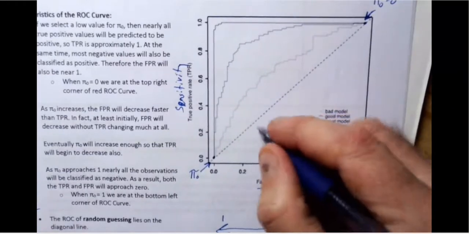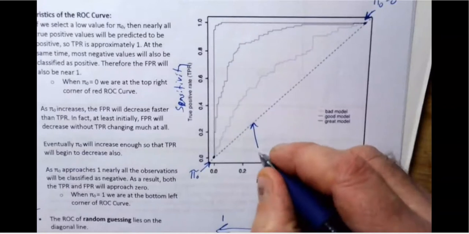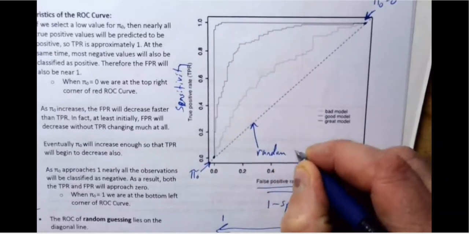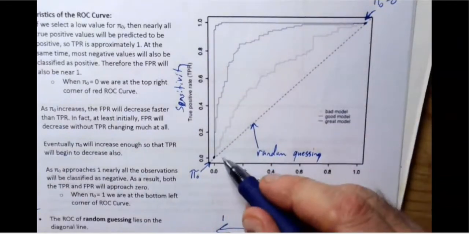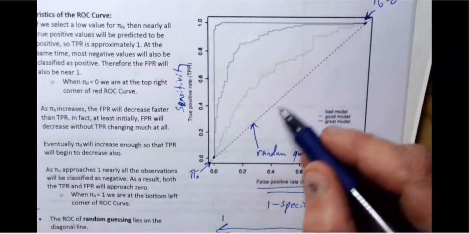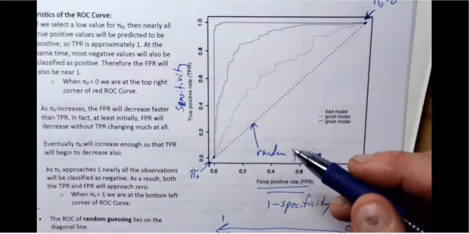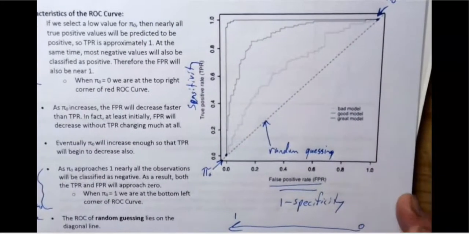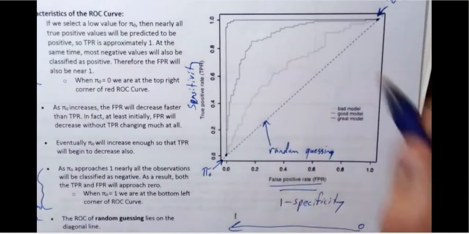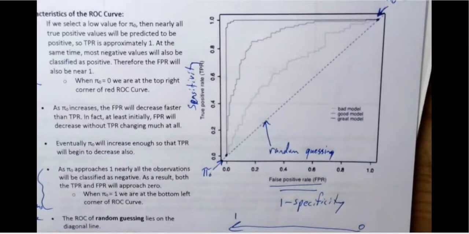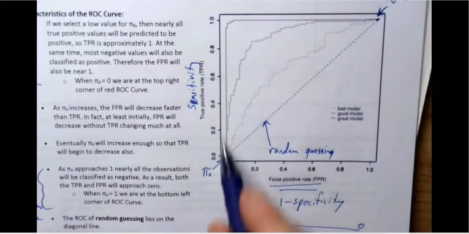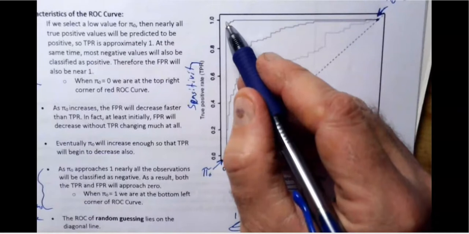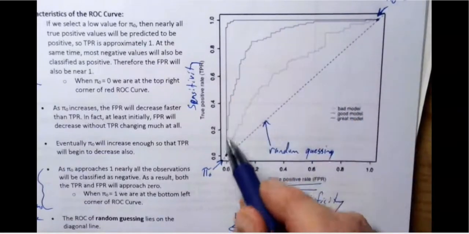A line of random guessing is this 45-degree diagonal line. This is the line that we would get if we just randomly guessed somebody's outcome, somebody's response. And the spot on this graph where we have a perfect diagnostic technique is in this upper left-hand corner, where we have a false positive rate of 0, so we never indicate a false positive, and a true positive rate of 1.